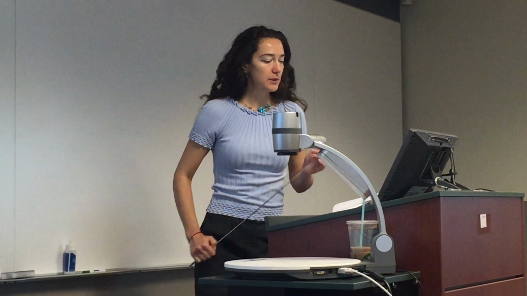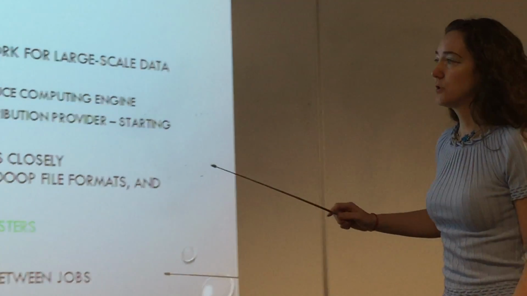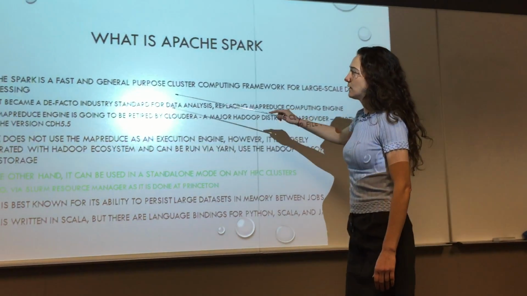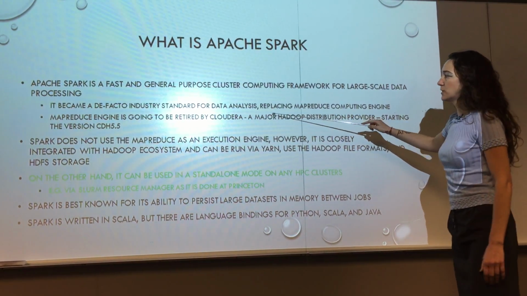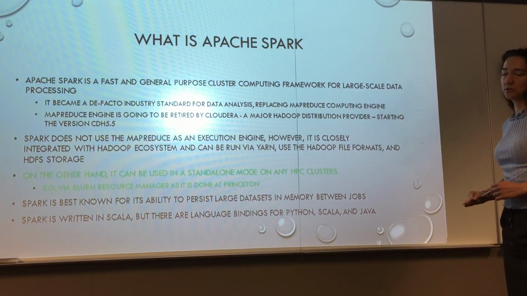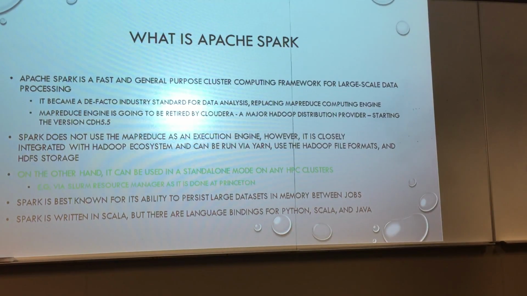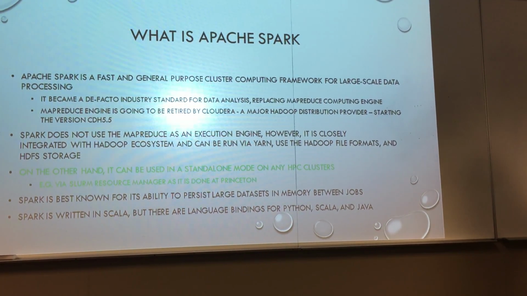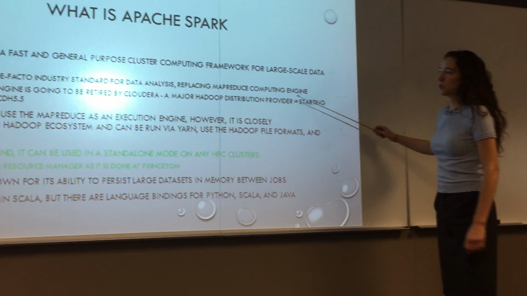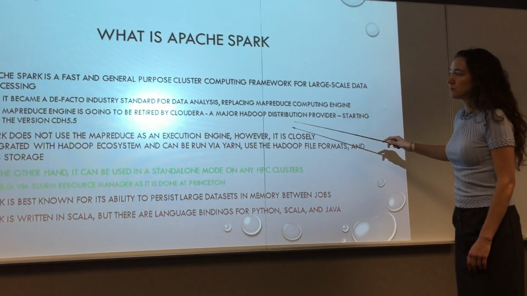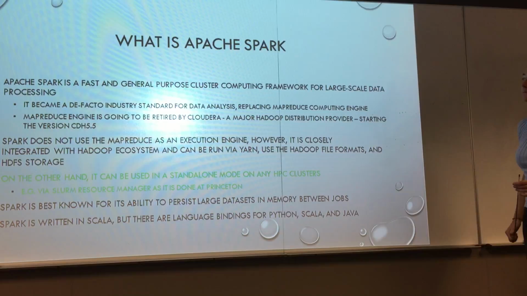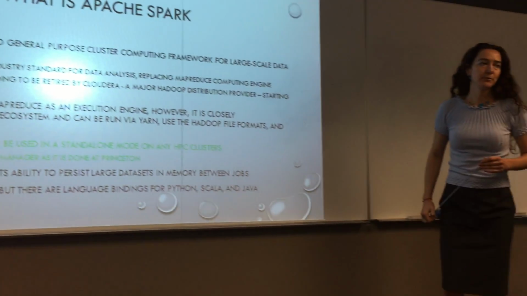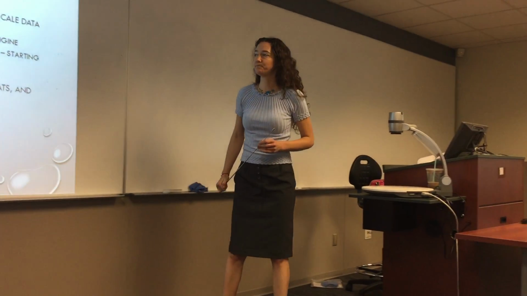And so we said speed is important. If something takes minutes and it takes hours, it makes a big difference. So it has become right now pretty much an industry standard for data analysis on a cluster environment, and it is replacing MapReduce computing engine. Even Cloudera is saying that they might retire the MapReduce in future versions.